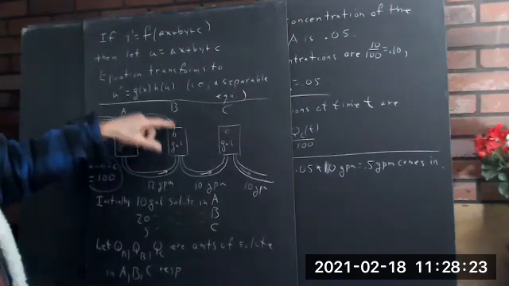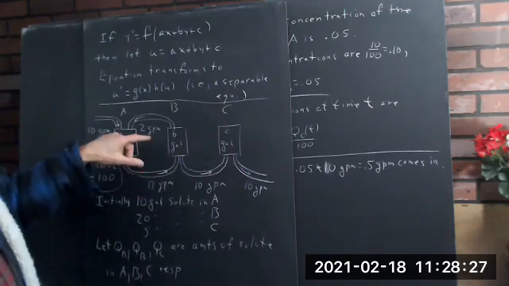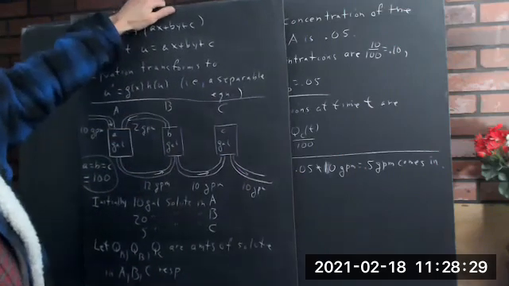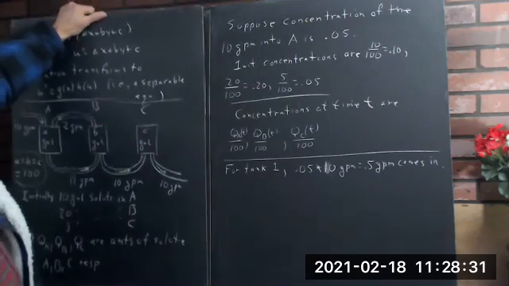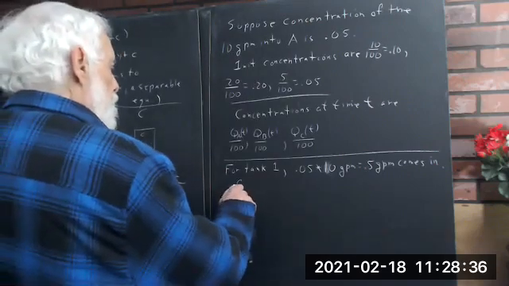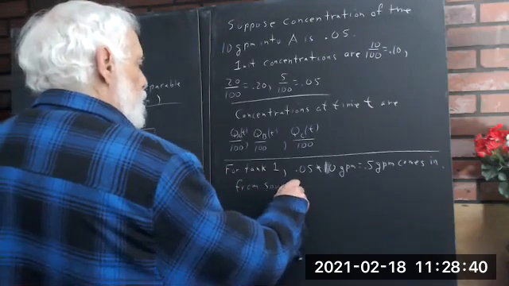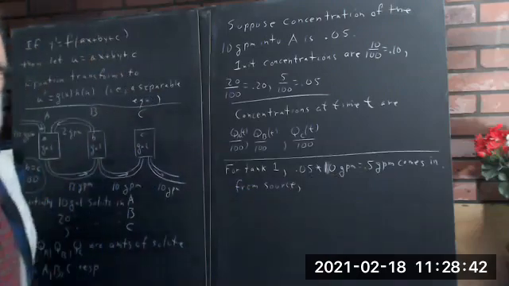We also have 2 gallons per minute coming in from tank B. So 0.5 gallons per minute comes in from the source.